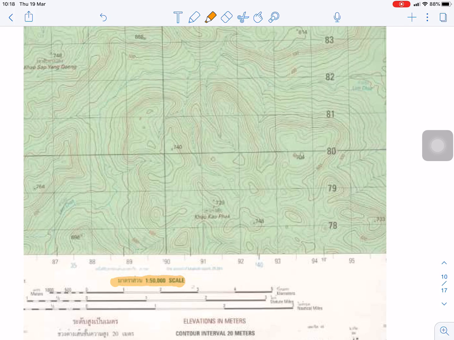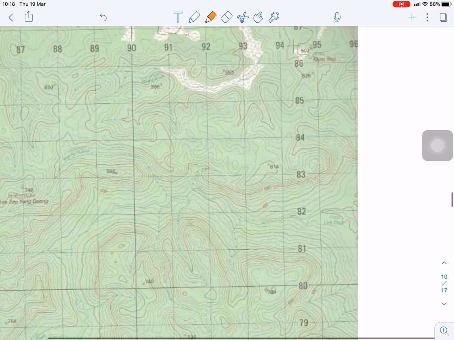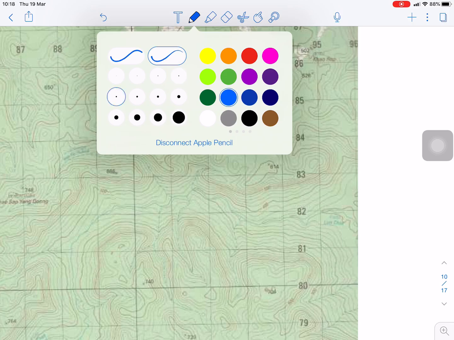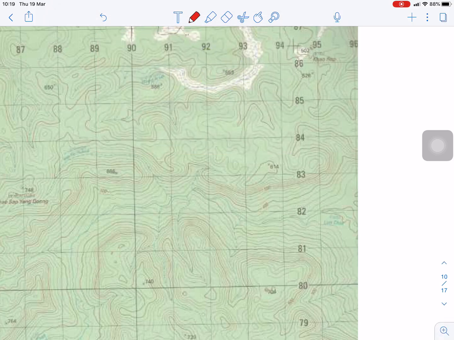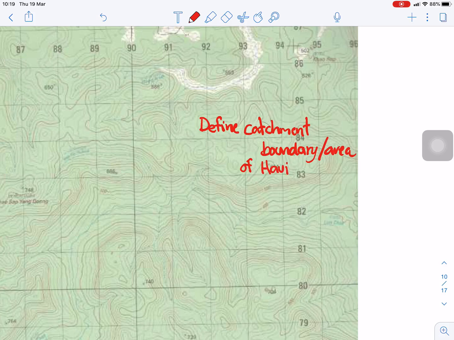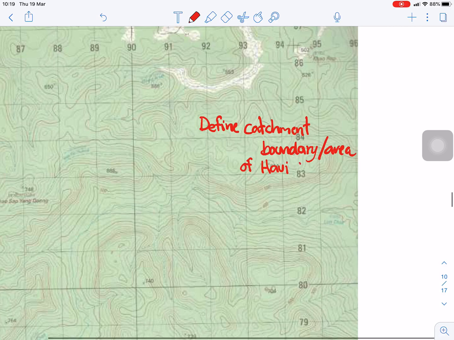And the question is, we want to find the catchment boundary and area of one small subcatchment, Huai Sap Phak Nok.